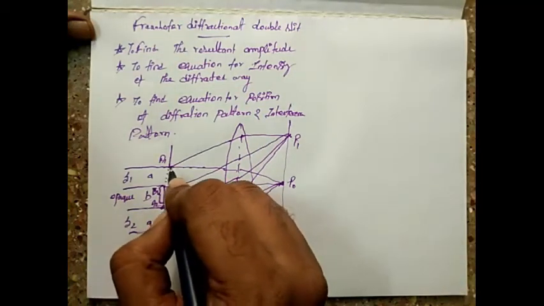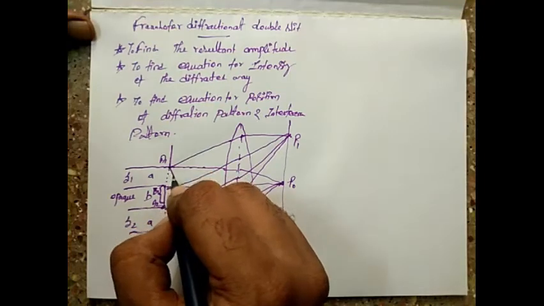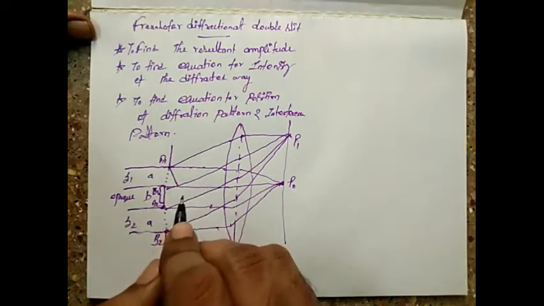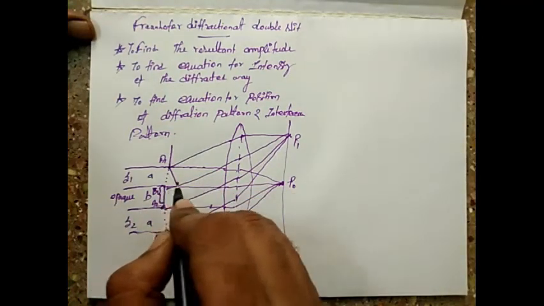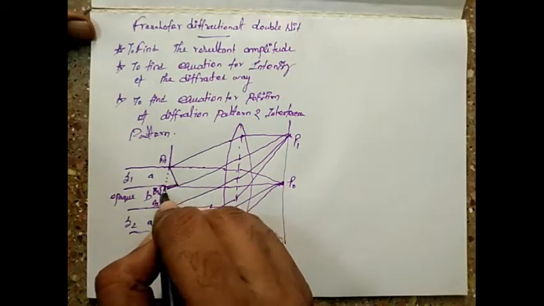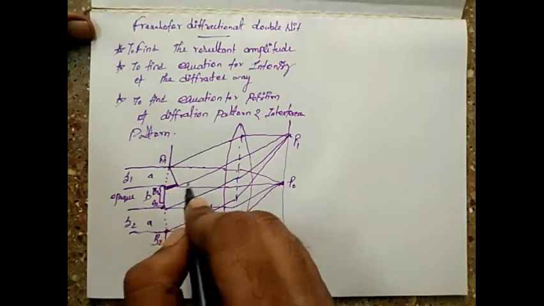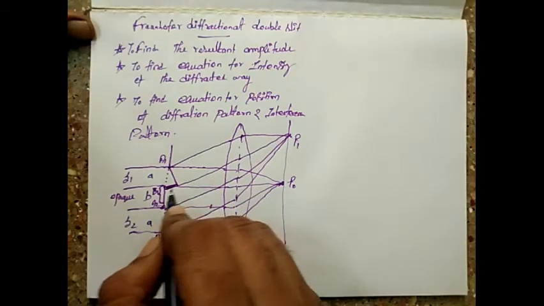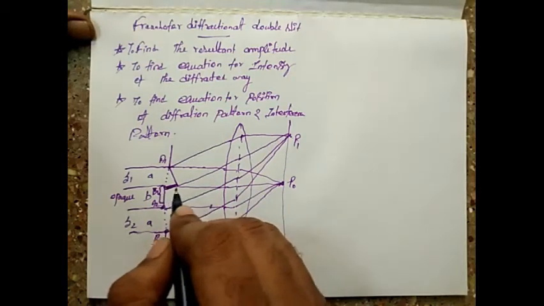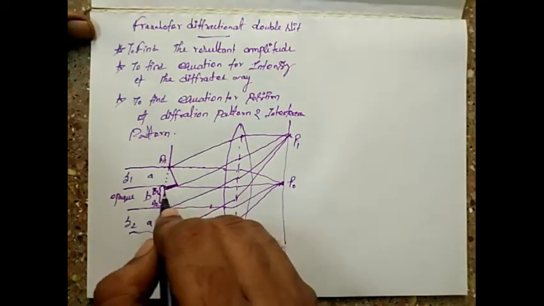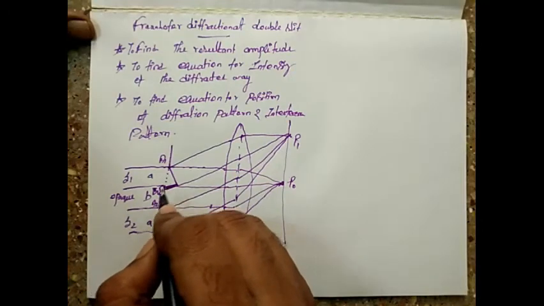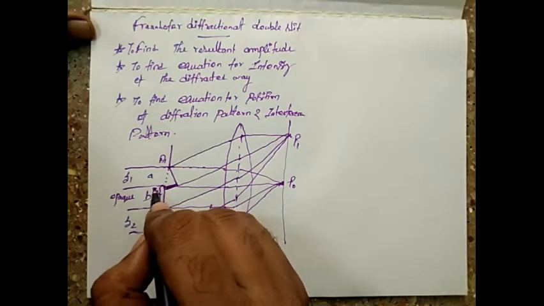First of all, we have to find the path difference for slit 1, considered as a single slit. Here I want to stress the point of path difference. Path difference means the extra distance travelled by the ray emerging from the point B1.